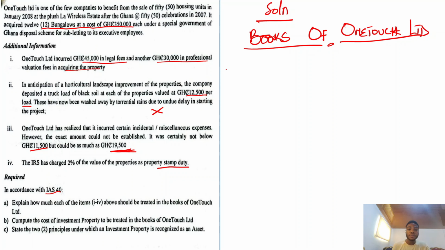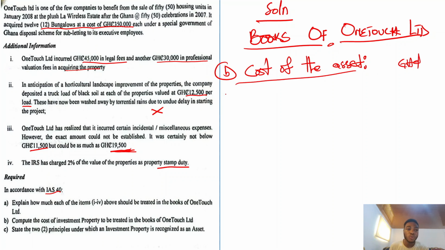So B is saying that we should look at the cost of the asset. When you take the cost of the asset, what is the currency? The currency is Ghana cedis. All right. First of all, we have to look at the purchase cost.